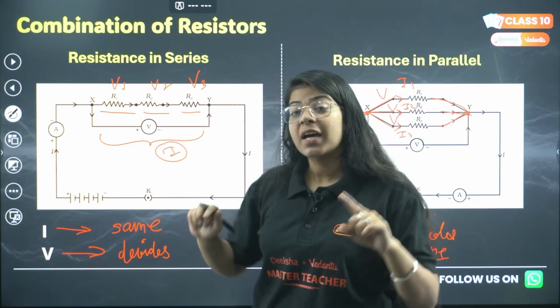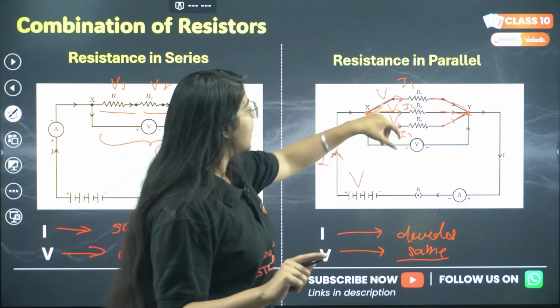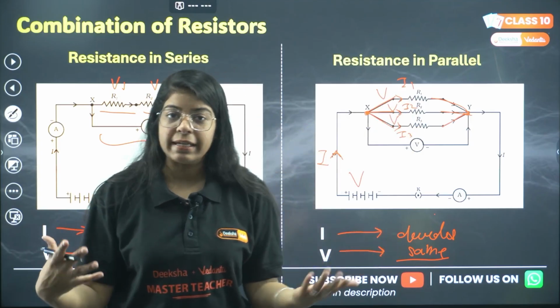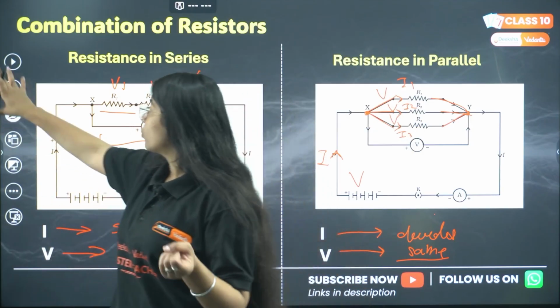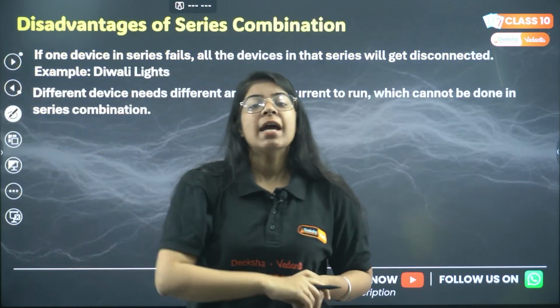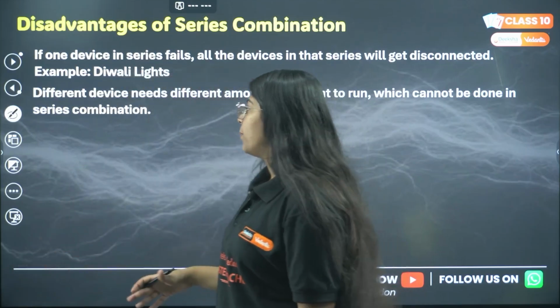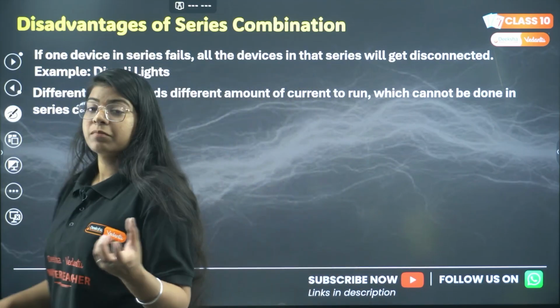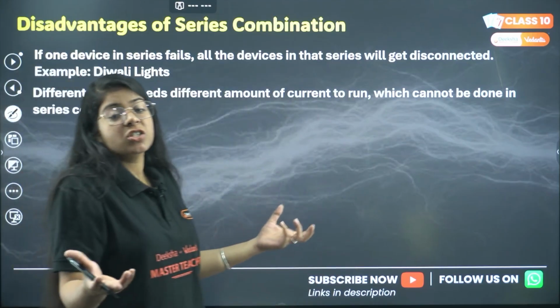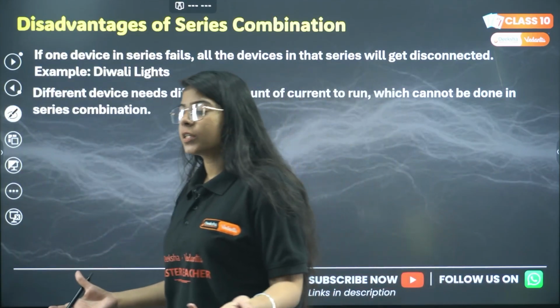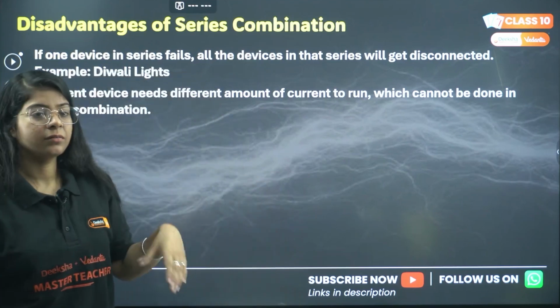But if they are connected in parallel, they will get different amounts of current, I1, I2, I3 according to their need, and hence we do not use series combination in our houses for the current to reach the appliances, so that my mobile charger, if it just needs 5 ampere and it would get 15 ampere, of course it will get bad.